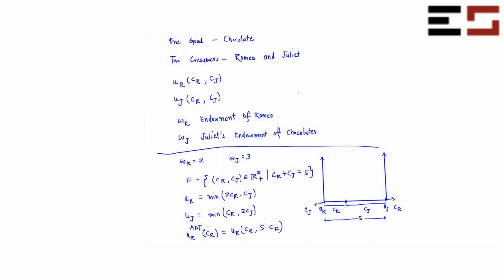Do you agree? Now you have everything in terms of CR, and that is why this is just a function of CR. So I can rewrite this by replacing CJ by 5 minus CR: you get min of 2CR, 5 minus CR. Similarly, you can do the same thing for Juliet.